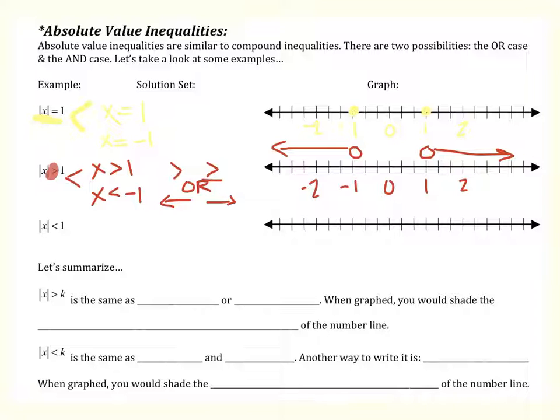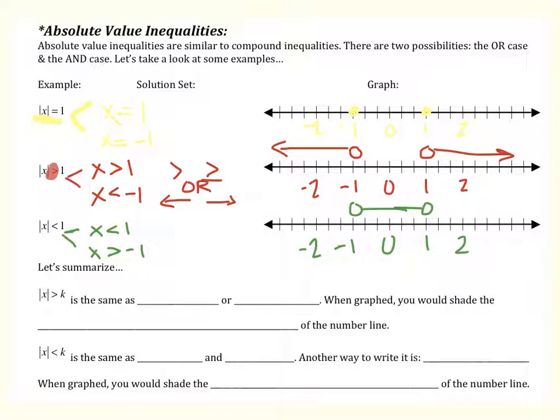So if we look at the third one, still two inequalities. We have x is less than 1. X is, flip the sign, greater than negative 1. So we would still have our open dots at 1 and negative 1, except this time it's less than 1 but greater than negative 1.